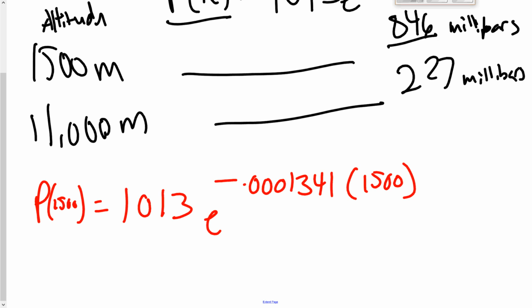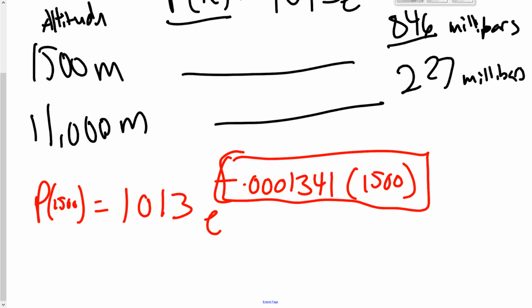Okay, so I want to plug into my calculator. x is 1500, and I'm going to plug it in just like this. I'm going to type 1013. Then I want to press the e button. I can bring up a parenthesis here, or it's going to put this in a box, depending on what type of calculator you're using.